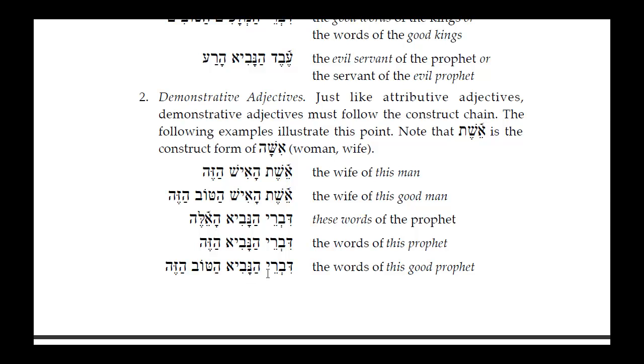So we would say the words of this good prophet. Because Zeh is masculine singular, it's not masculine plural, and Divrei is masculine plural construct, so it doesn't agree with it, doesn't go with it. It goes with Hanavi.